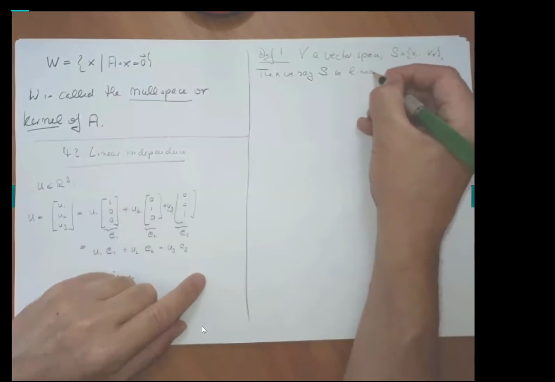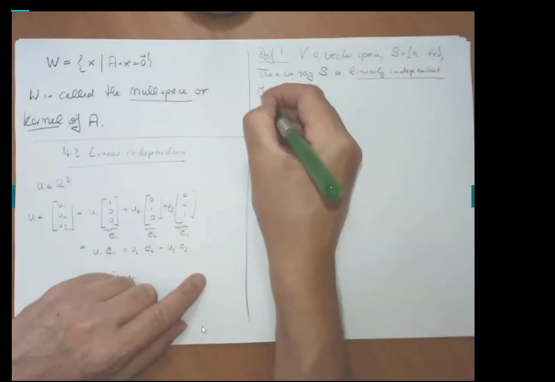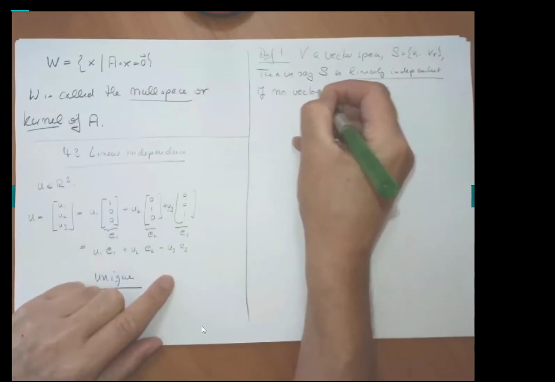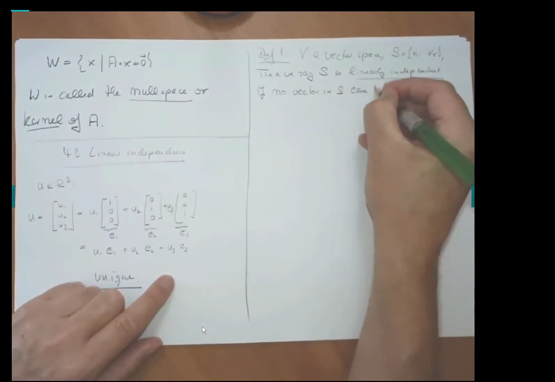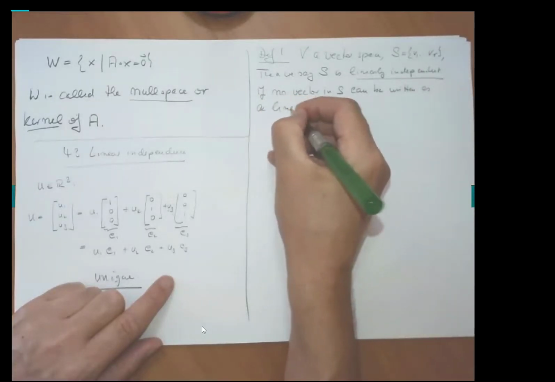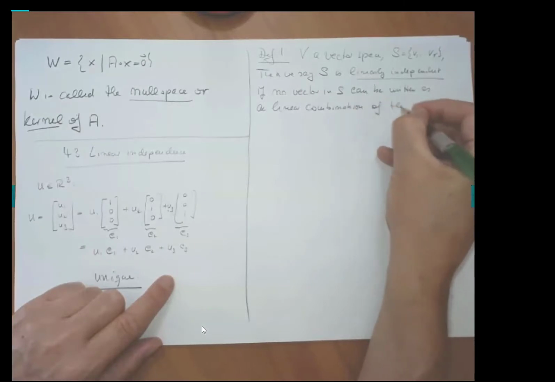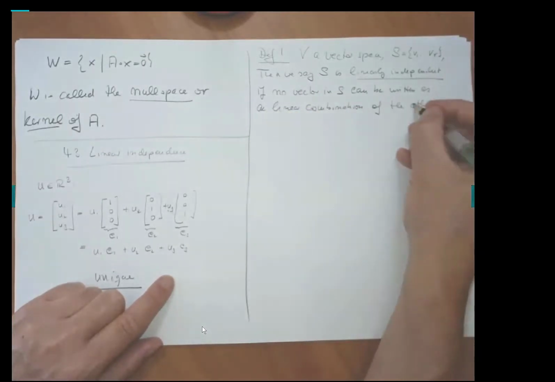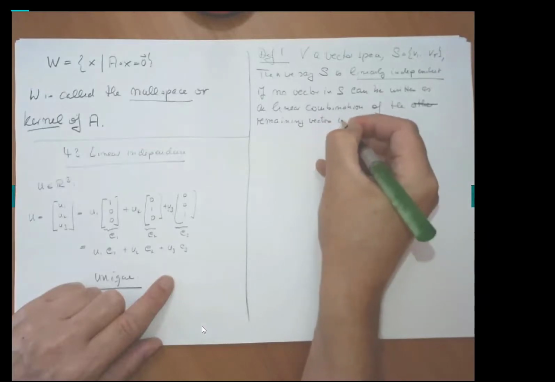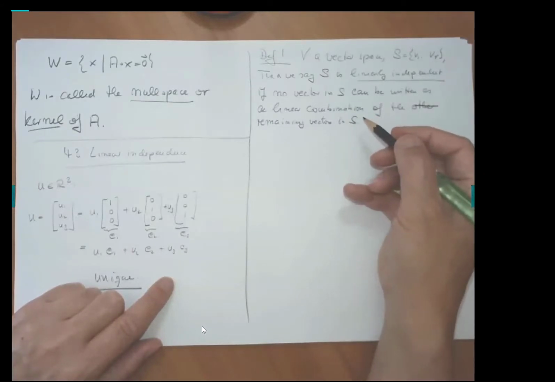S is linearly independent if, and now comes the problem, it's a negative statement, if no vector in S can be written as a linear combination of the other vectors, or rather the remaining vectors in S. And if a set is not linearly independent, we call it linearly dependent.